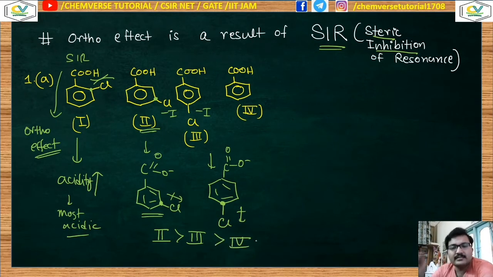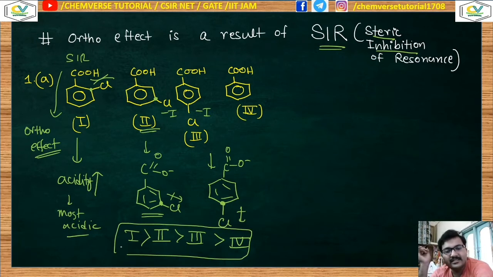So benzoic acid is in the least position. 1 will be your most acidic one. So this will be the order of acidic strength: 1 greater than 2, greater than 3, greater than 4. In 2 and 3, remember, both of them contain an electron withdrawing group, so that will increase the ease of deprotonation as compared to benzoic acid.